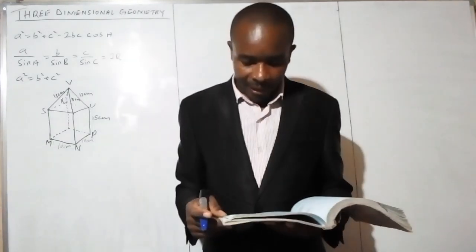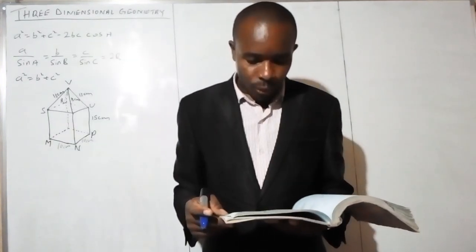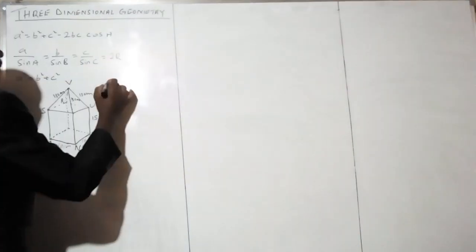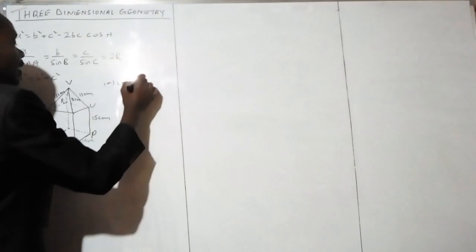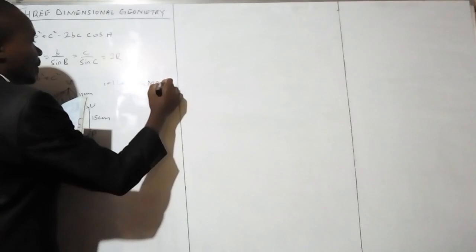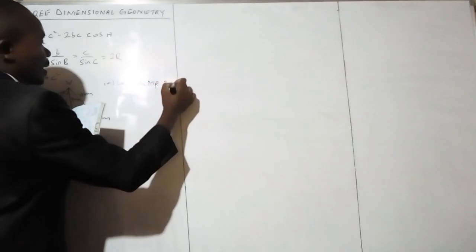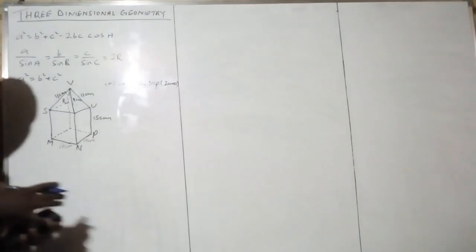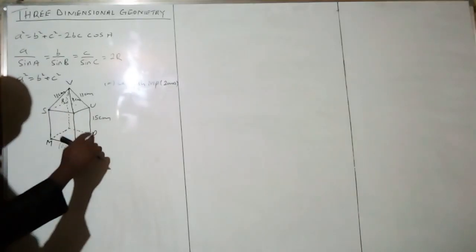Given the answer correct to two decimal places, calculate the length MP, 2 marks. What is MP? M and P. We have MN.